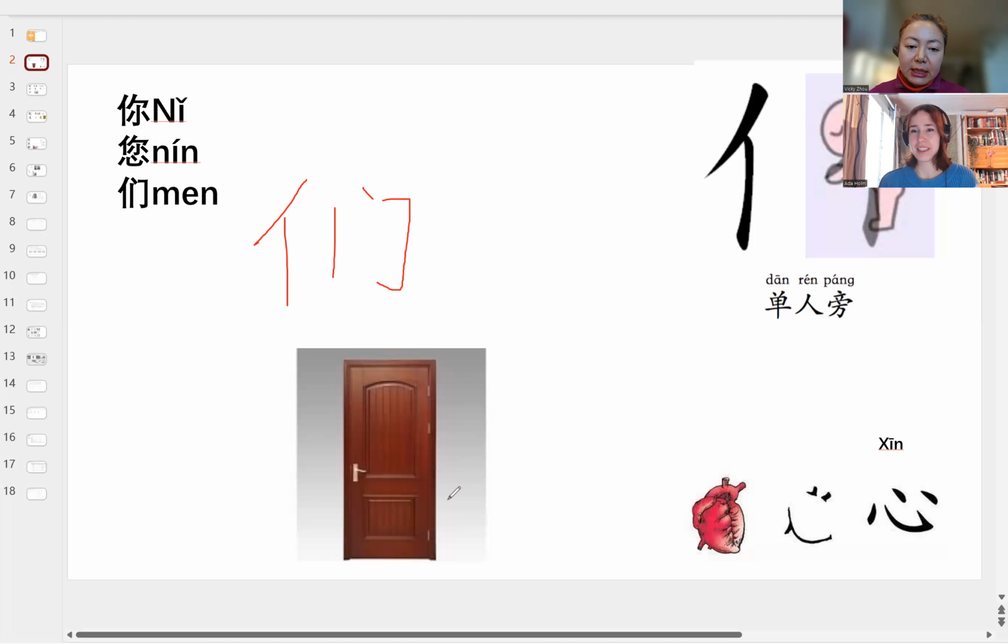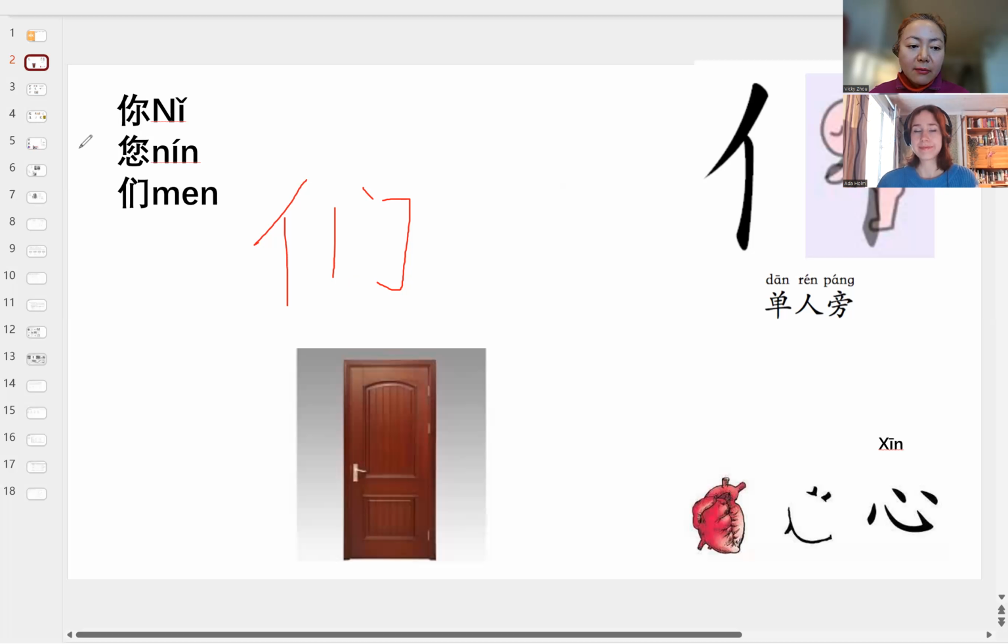Yes, men is the door, the gate. If you add it to, for example, nǐ, it becomes plural you. 对的. 你们, 他们, 我们 become plural forms. 好的, this part is also okay.